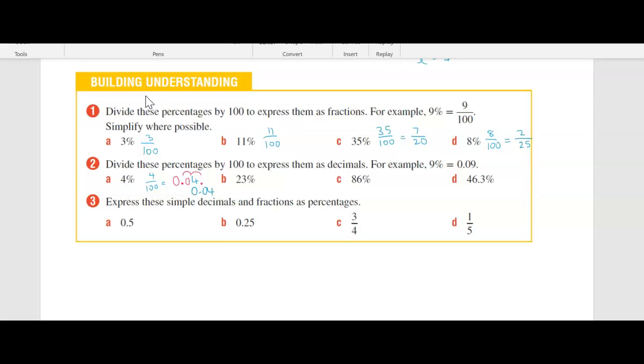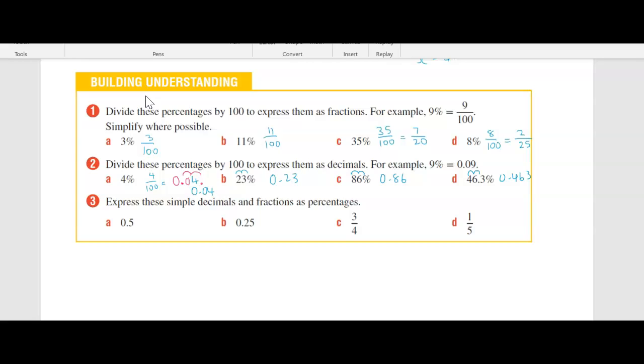The good thing about dividing by 100 with decimals is you can kind of just do it by moving your decimal. So for 23, it's gone 1, 2, so it's 0.23. 86, 0.86, and then 46.3, 0.46. We only have 1 decimal place when we're working with the numbers, and it's moved in front of the 4, so we write it as 0.463.